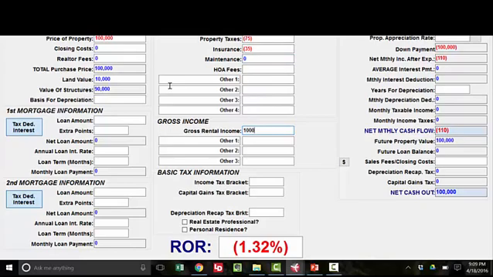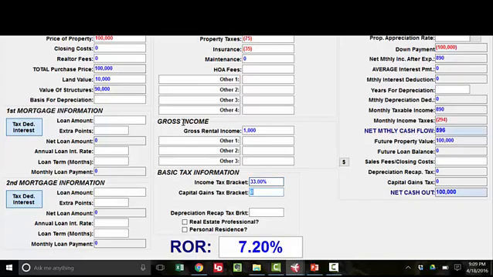Say we have rental income of $1,000 a month, and you can see here, as of now, our rate of return is 10.78, which sounds great, but we forgot about your partner, Uncle Sam. So let's say that we're in the 33% tax bracket. What impact does it have?